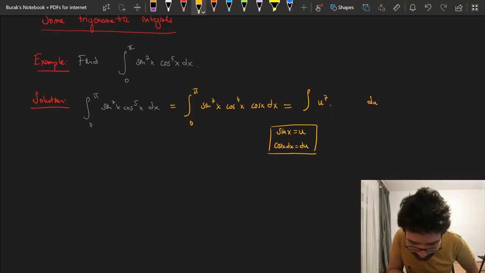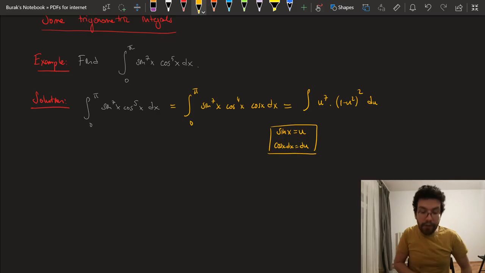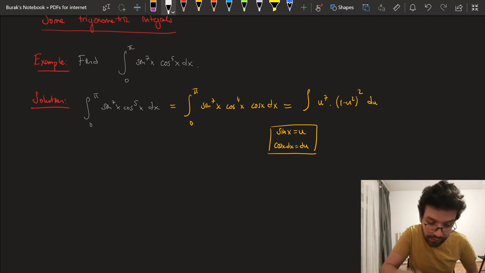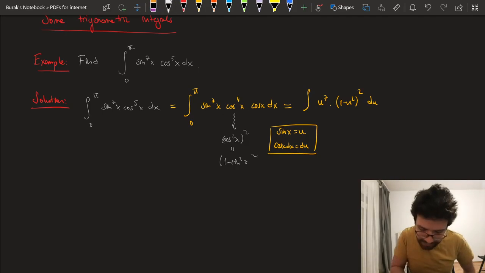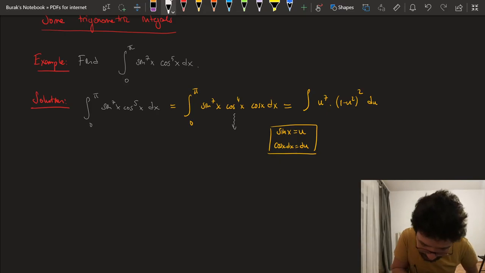I'm going to write cosine to the power 4 as cosine squared squared, which is equal to 1 minus sine squared squared.